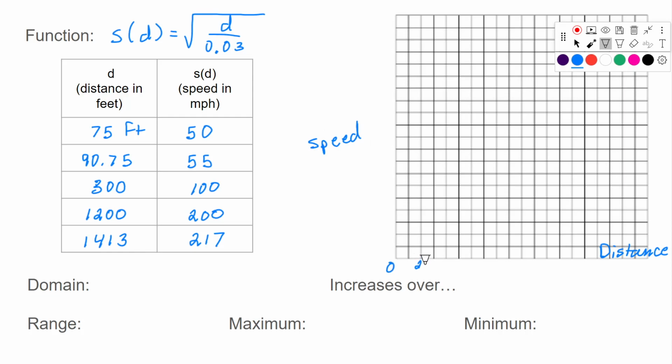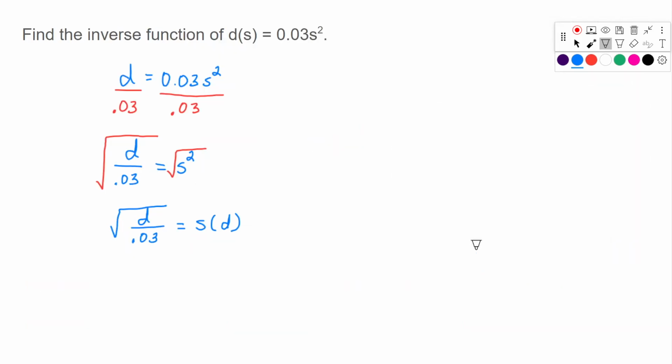So every line is 100, 200, 400, 600, 800, 1,000, 1,200, 1,400, and just double check the scale I used.